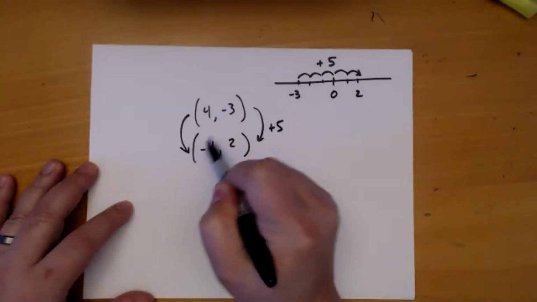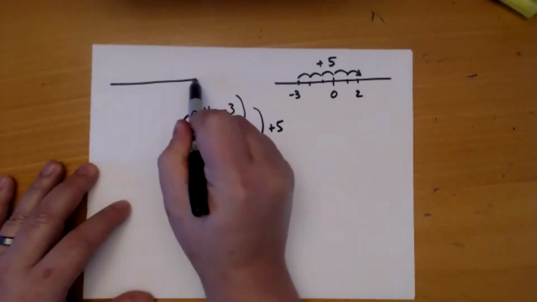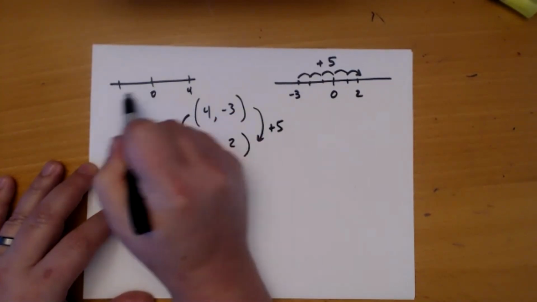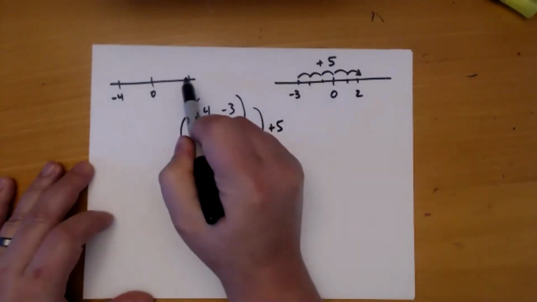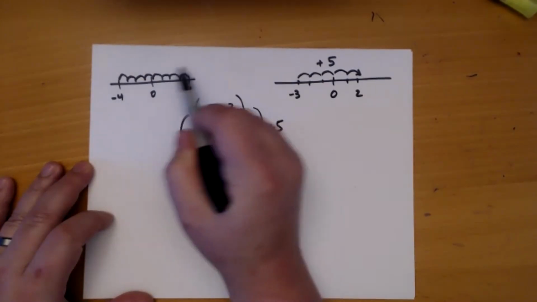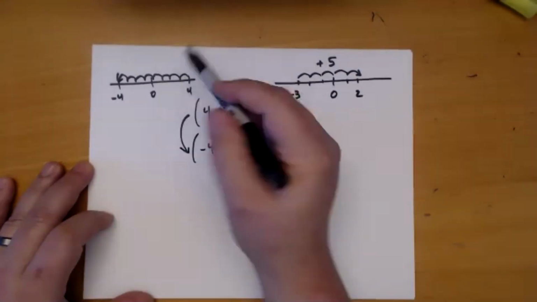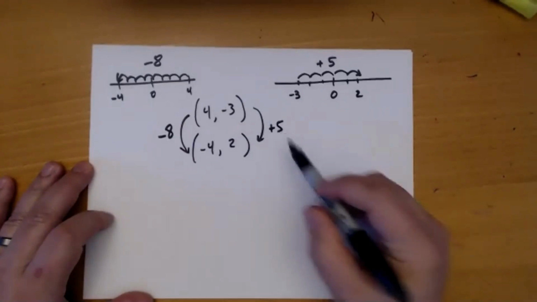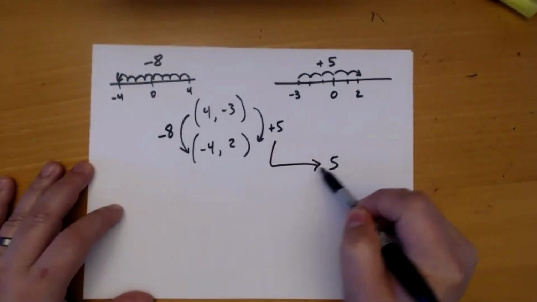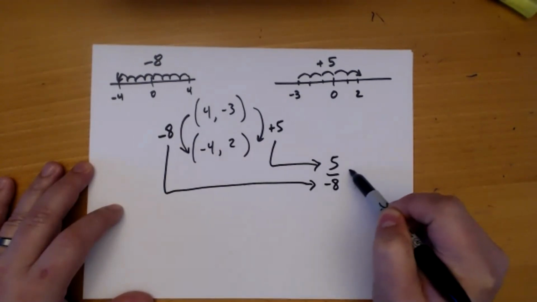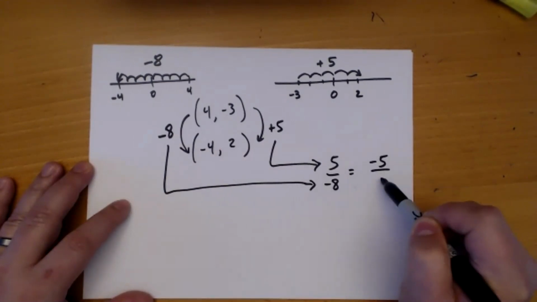And to go from 4 to -4, I'm going to go 1, 2, 3, 4, 5, 6, 7, 8, but I'm going down, right? So that's a -8. And remember, we put the negative up top.